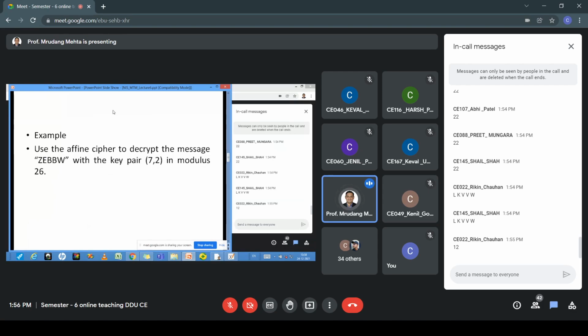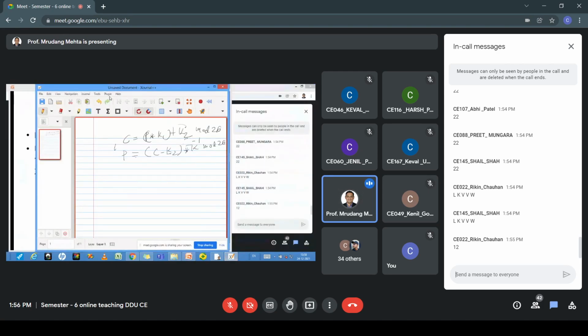Now perform this example. Use the affine cipher to decrypt the message with the key pair of 7, 2 in modulus 26. What is given to you is ZEBBW, and you have to perform decryption.